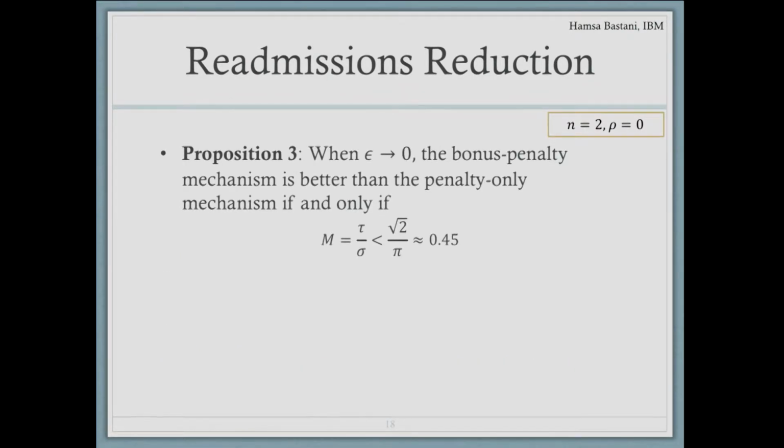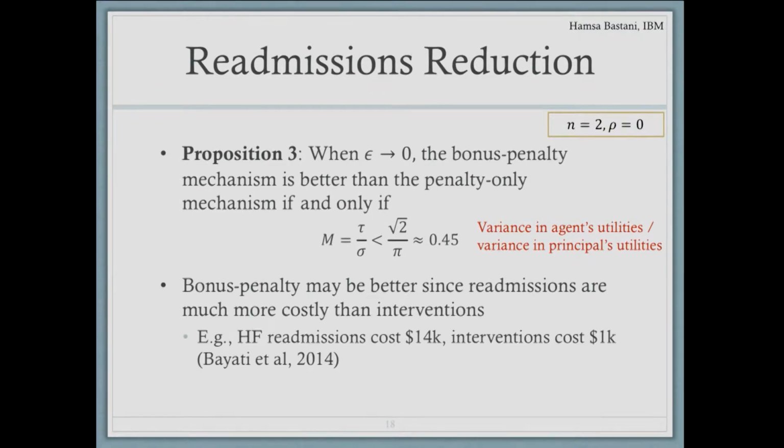And here we immediately get the result that having a bonus is better if and only if that ratio that I mentioned is less than about 0.45, right? So this is, again, the variance in the agent's preferences versus the variance in Medicare's preferences.